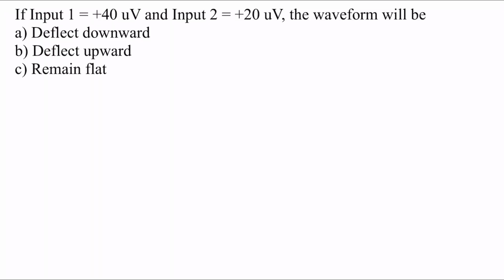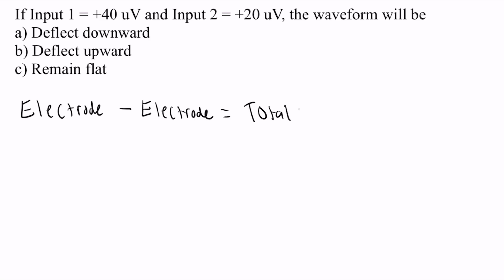If input 1 is equal to positive 40 microvolts and input 2 is equal to positive 20 microvolts, the waveform will be what? We'll work this first practice problem out together. Remember, the equation is as simple as electrode 1 subtract electrode 2 is equal to the total voltage.